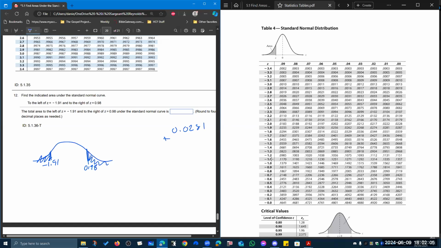Now let's look up negative 0.98, which is 0.1635. I'm going to add it that way. I'm not going to the right-hand side and doing 1 minus, because it'll come out to be the same thing. So that's 0.1916.